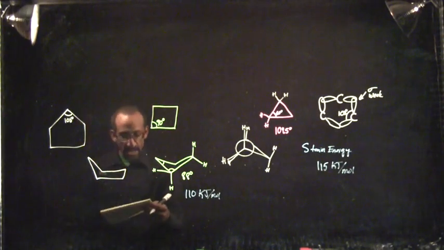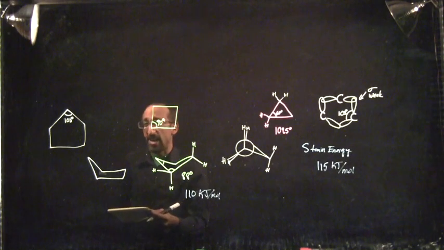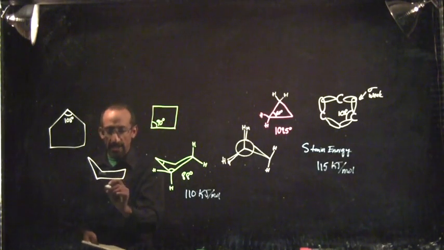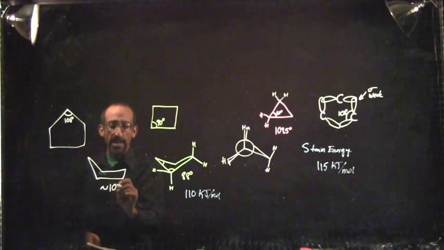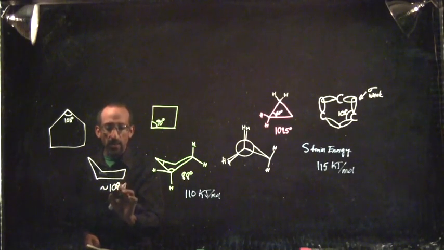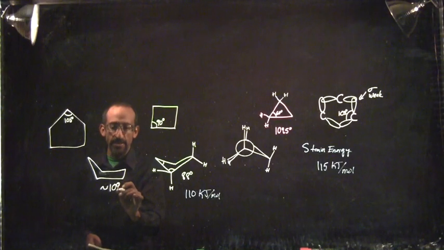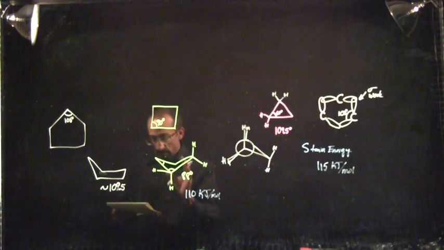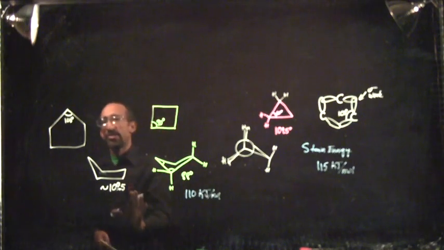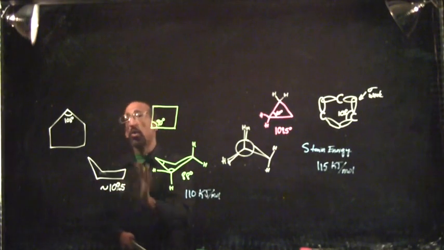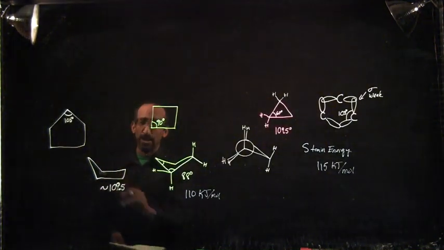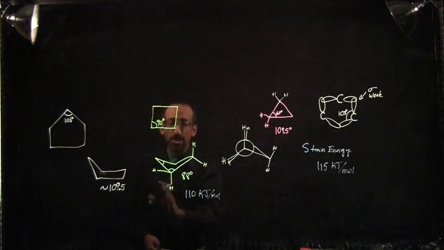This again relieves almost all of the angle strain that we find in this molecule, and we find that it has true bond angles that are about 109.5, just like we expect for tetrahedral carbons. And it also reduces the overwhelming majority of any torsional strain that would occur in this molecule by eclipsing carbon-hydrogen bonds.